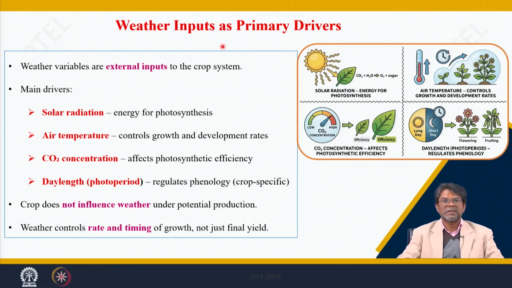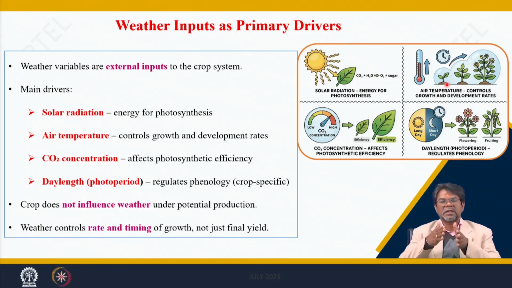Solar radiation is the energy for photosynthesis. Temperature, as we discussed, influences the developmental phases and growth. Solar radiation mostly regulates the growth of the crop, the biomass accumulation and yield formation, and the temperature regulates the developmental phases.